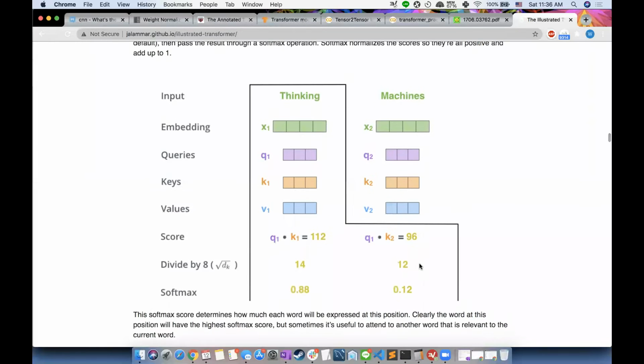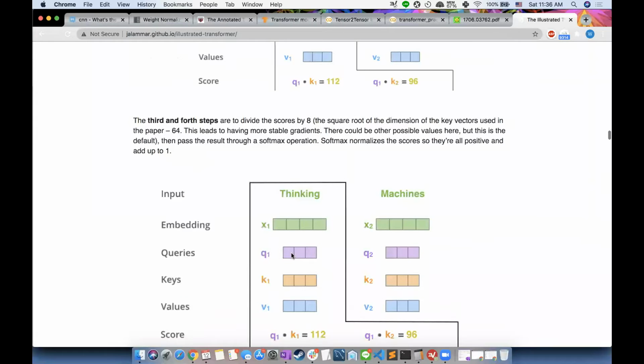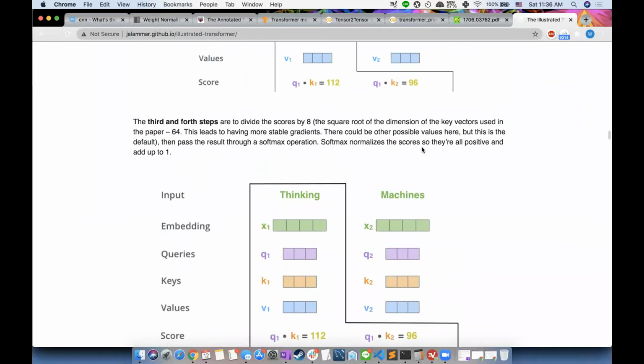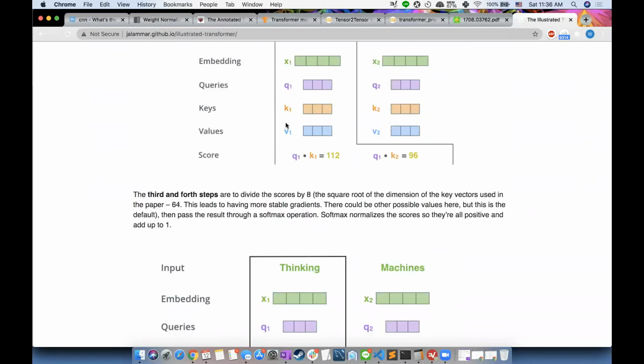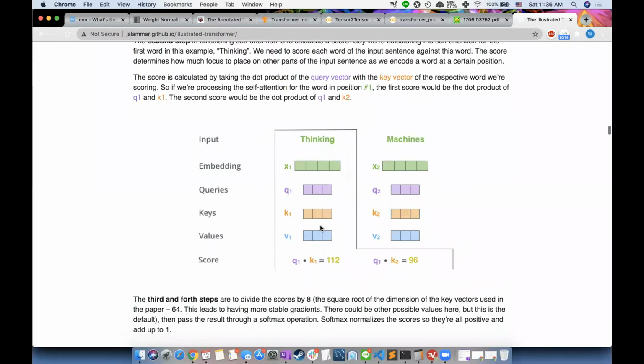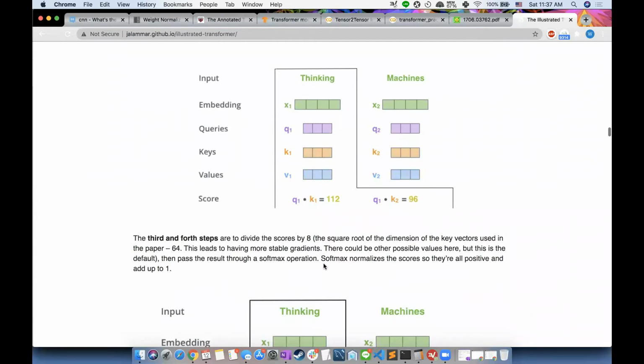What's the d in this case? It's dk. dk is the dimension of the key vector, this K, and it's 64.